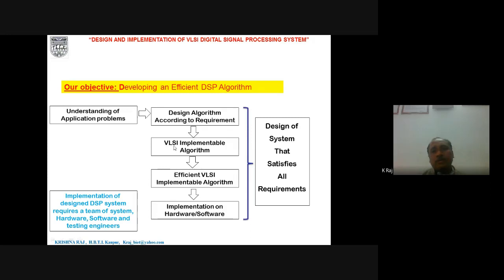Then we have to convert the designed algorithm in the VLSI implementable form, and we have to introduce the concept of the efficient algorithm here by using the efficient VLSI implementable algorithm with the help of the pipelining, parallel processing, timing, retiming, folding, unfolding, like that, and then implementation will take place.